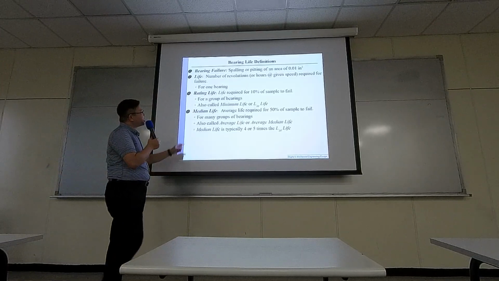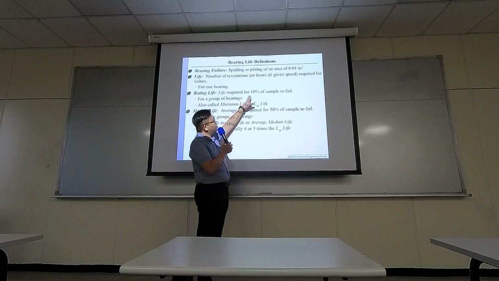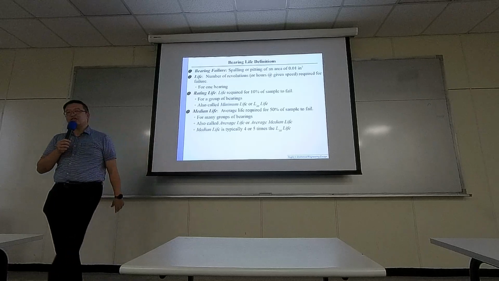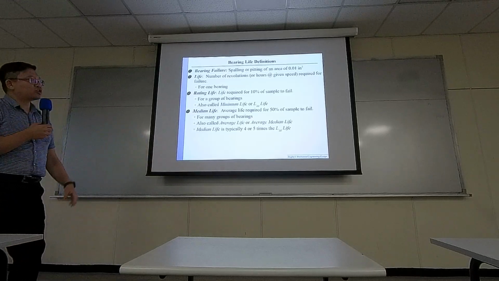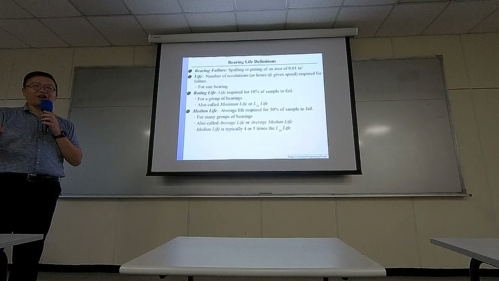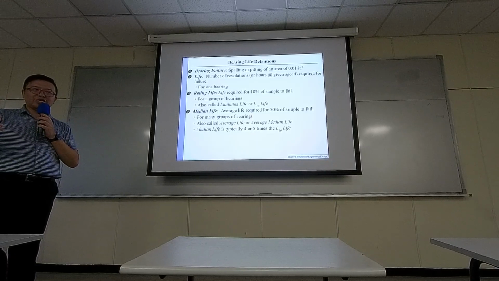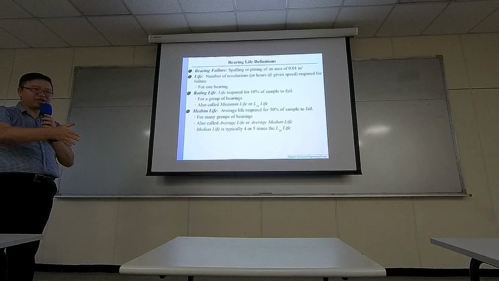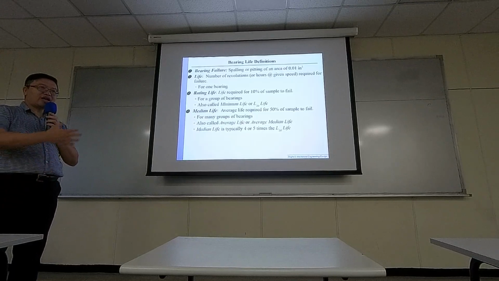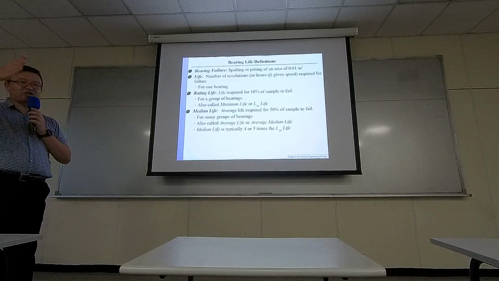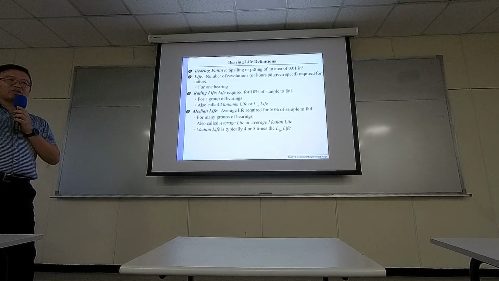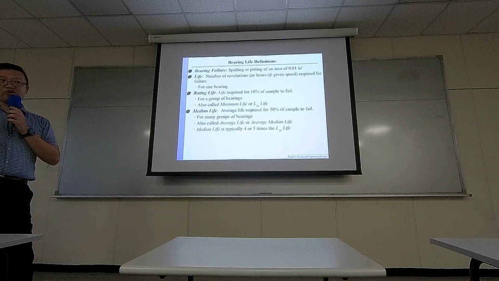Okay, and there is a very interesting number, 10%. There is reliability involved in the life. So when you talk about the life of a bearing, you need to specify what kind of load is going to be applied to the bearing, and how many revolutions you're looking for. After a certain amount of revolutions with a certain amount of load, how much reliability are you looking for.